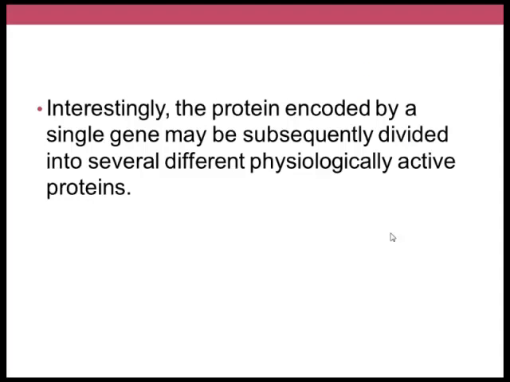The protein encoded by a single gene may be subsequently divided into several different physiologically active proteins, because, as we are going to see in this lecture, after protein synthesis, or after encoding what is present in this gene and transforming it into a polypeptide chain, the following step is post-translational modification. So a single gene may give rise to different physiologically active proteins by post-translational modification.